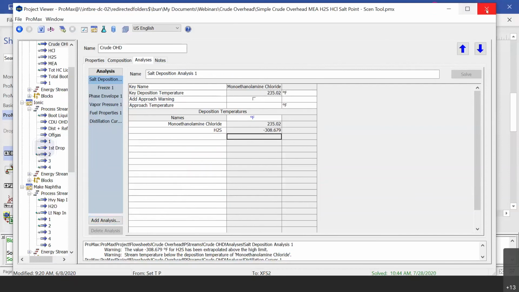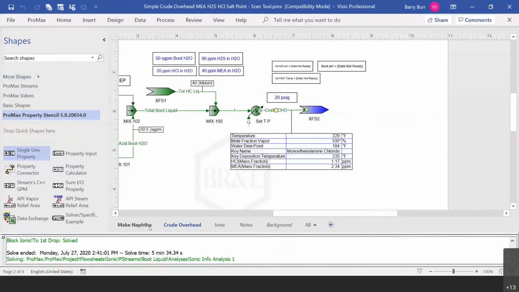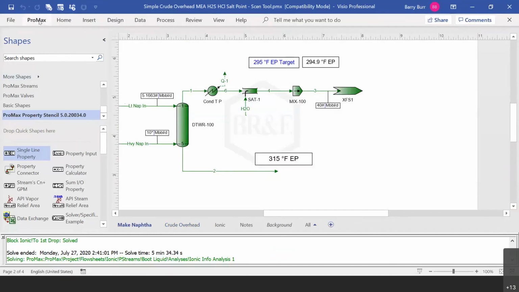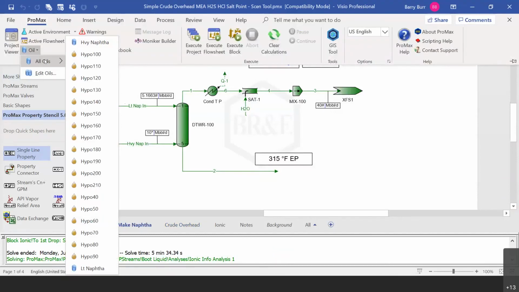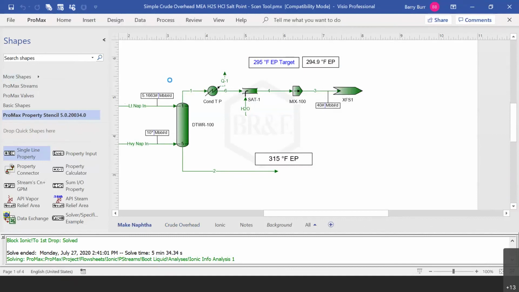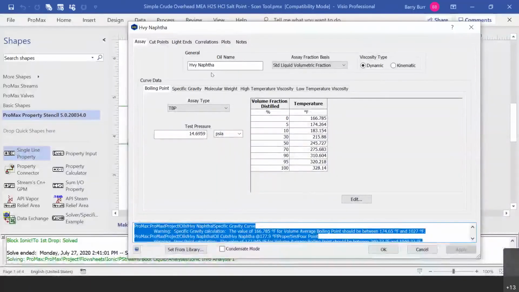All right, what is the composition of the light and the heavy naphtha? For that one, I just took some very basic. I used our crude oil library, and I think I took the Brent light naphtha and the Brent heavy naphtha. I believe that's what I used. The heavy naphtha, I can't tell after I choose the oil from the oil library and then rename it.